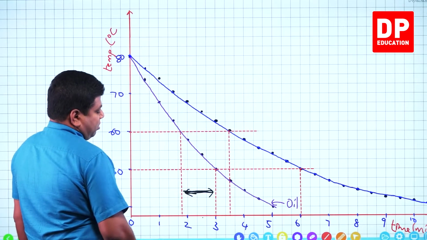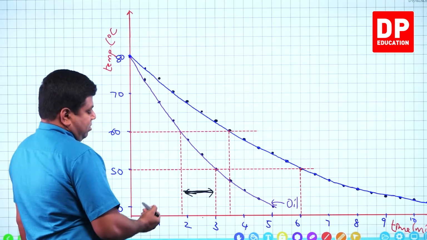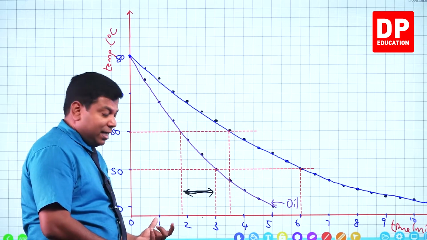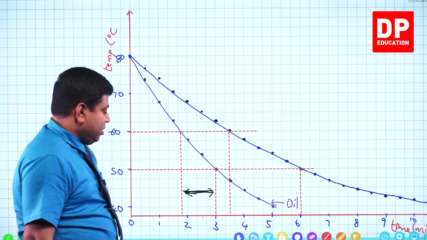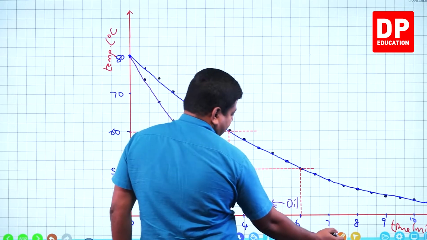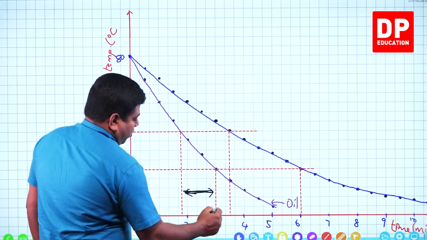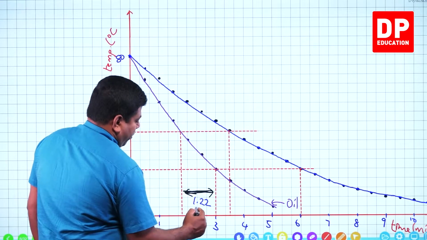Altogether there are 9 blocks. So 2/3 of one block, and there are 3 blocks like that. So it's like 2 by 9 of 1 minute, which is 1.22 minutes.